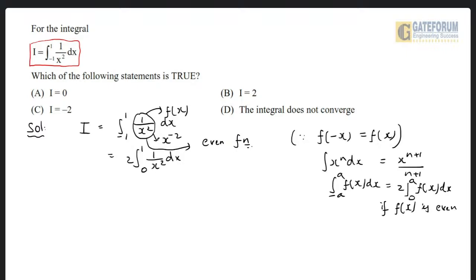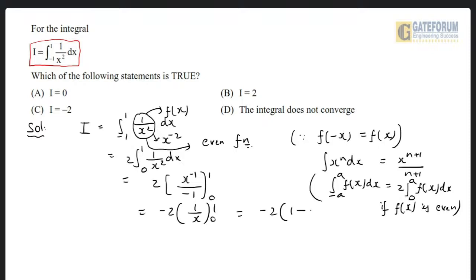So these properties I have applied for this. Now 2 times x power minus 1 by minus 1 between 0 to 1. So this is minus 2 times 1 by x from 0 to 1. So minus 2 times 1 minus 1 by 0.